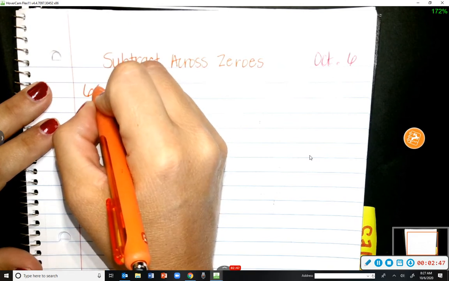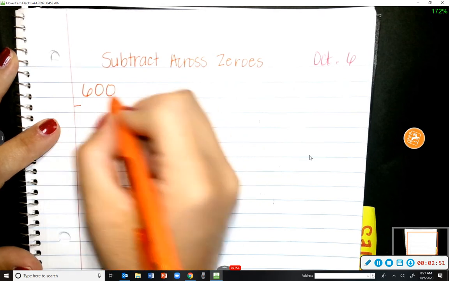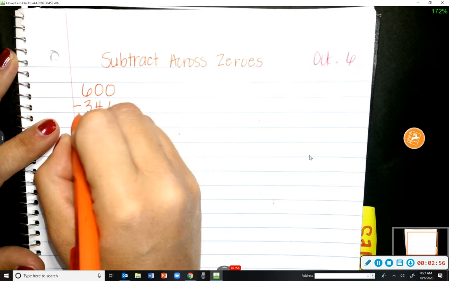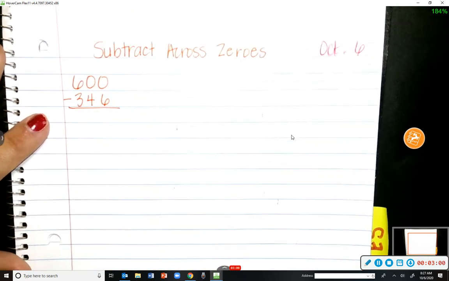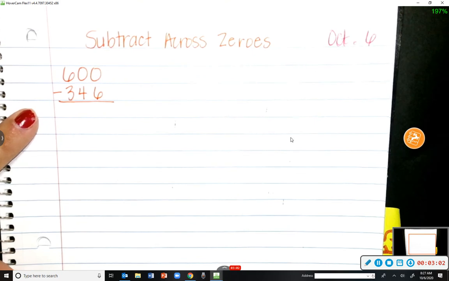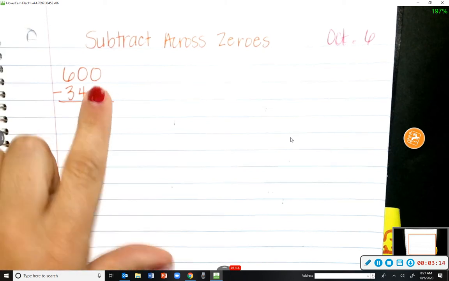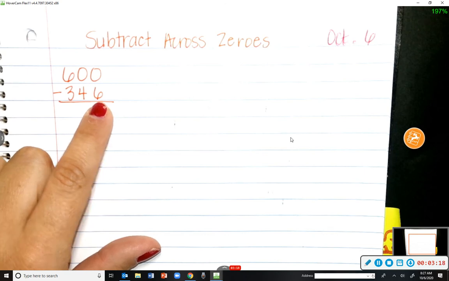So let's just start with 600 minus 346. Okay, so subtracting across zeros can be a little tricky because when we need to borrow, say we're starting here in the ones place, we know we need to borrow because we can't take 6 from 0.